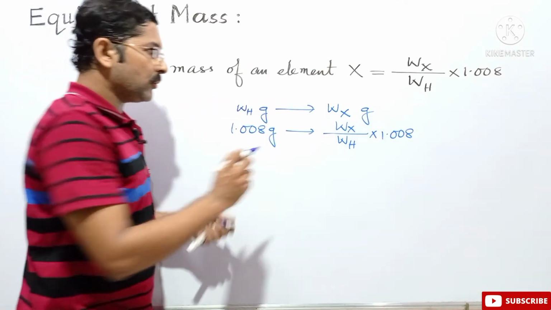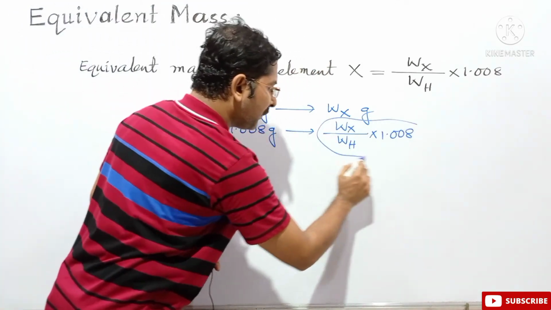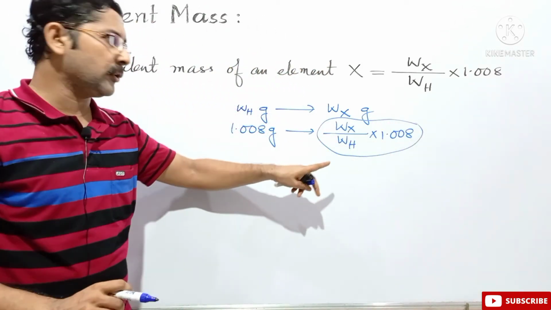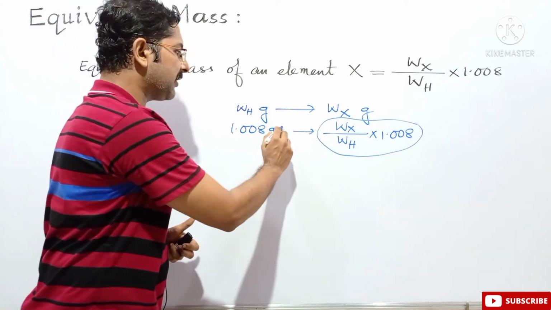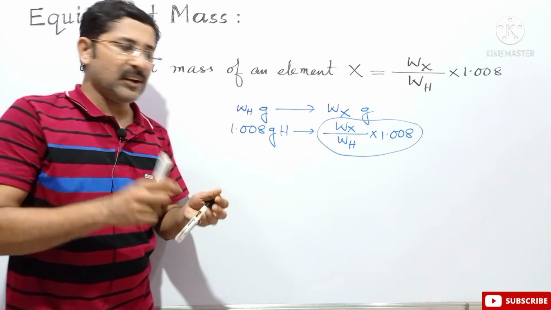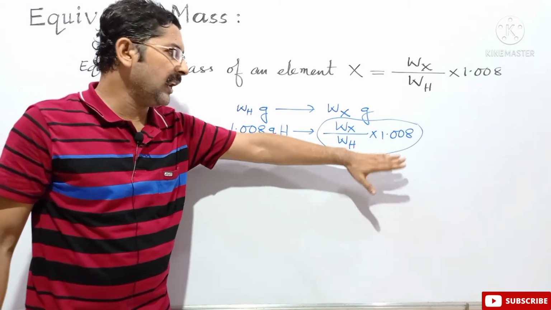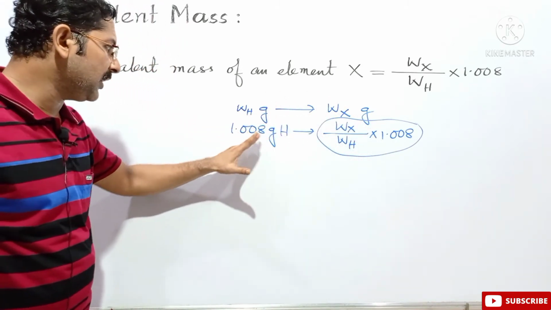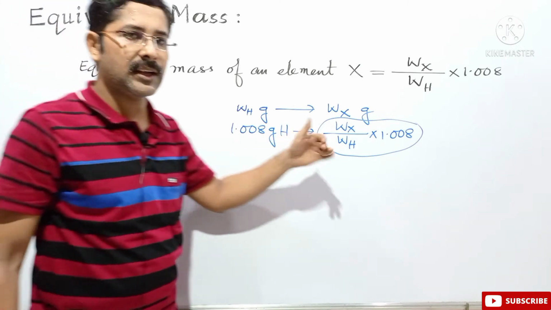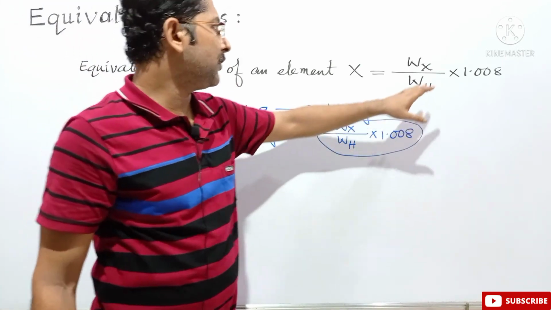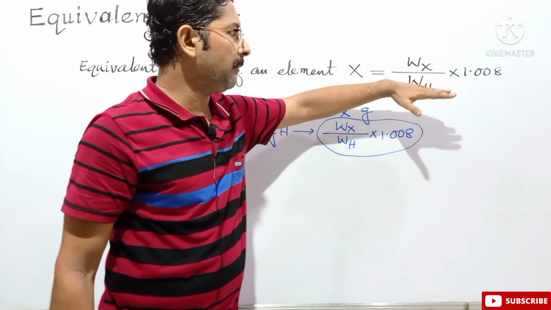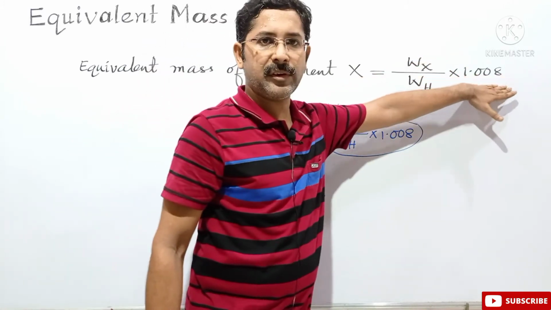So this is the weight of the element which combines with 1.008 gram of hydrogen, right? So the definition is: the mass of the element which combines with 1.008 part of hydrogen is known as the equivalent mass of the element. So this is the mass of the element divided by mass of hydrogen, into 1.008.